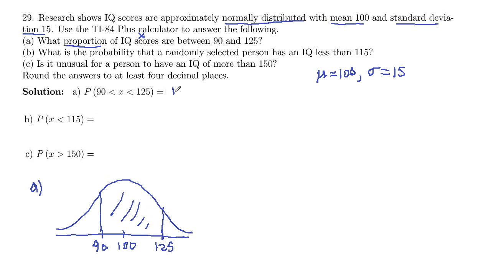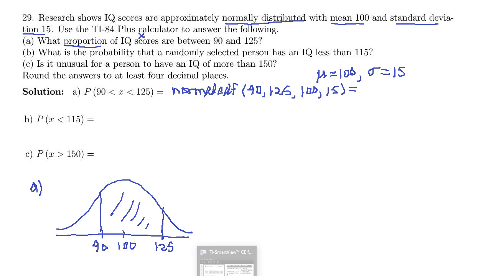So this is going to be normal CDF. And we're going to do our lower bound of 90, and our upper 125, and then mean and standard deviation, 100 and 15.